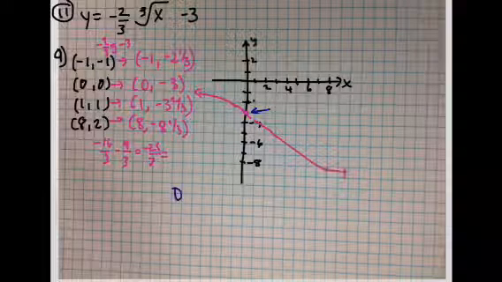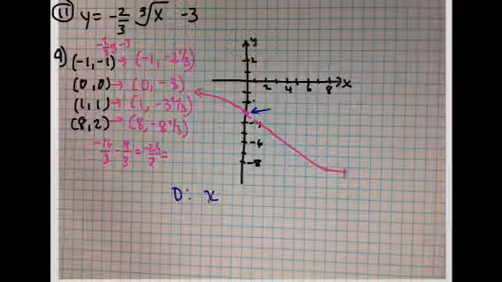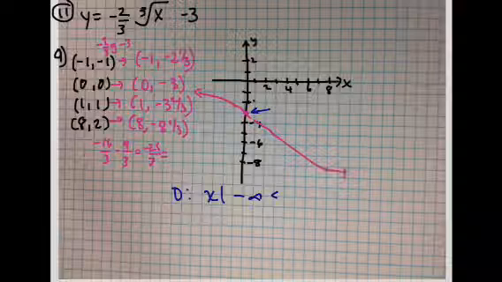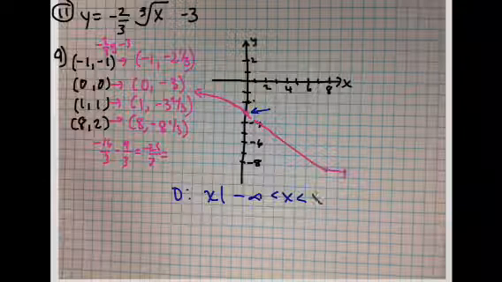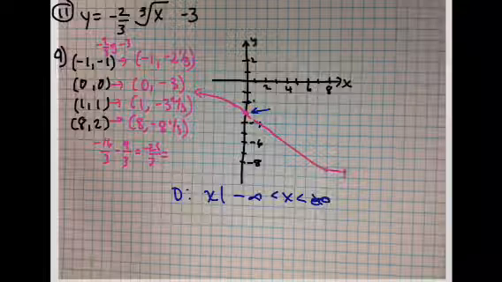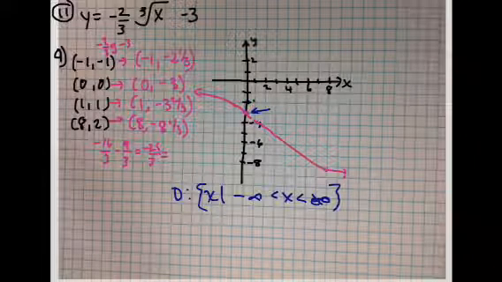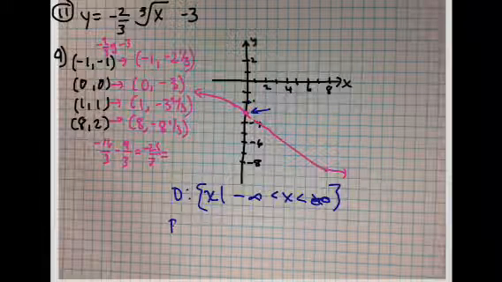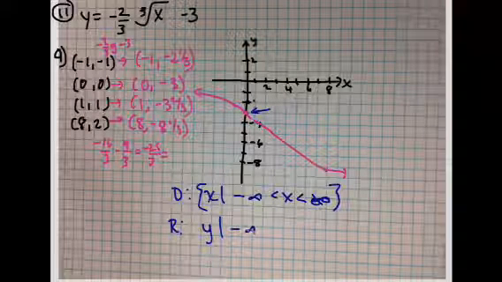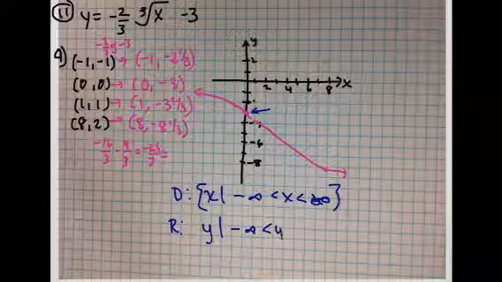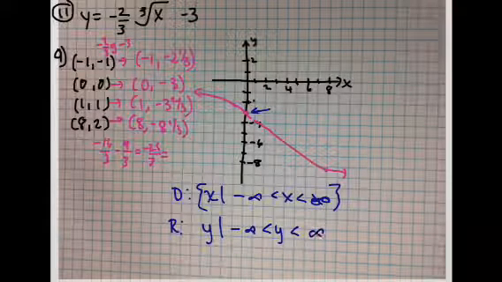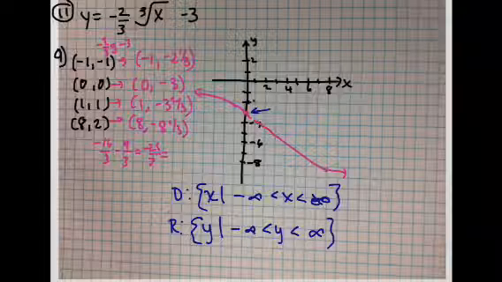So for the domain, you're going to say all x such that x is between negative infinity and infinity, and then you put the little braces that I can never draw. And for the range, it's the same thing, but y. You put y such that y is between negative infinity and infinity, and then those little braces.